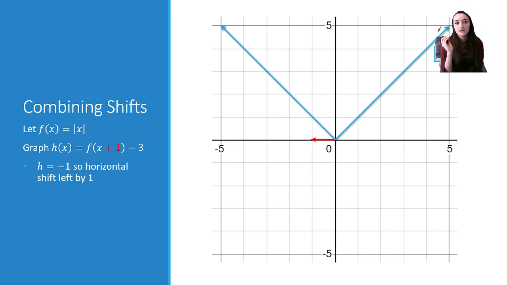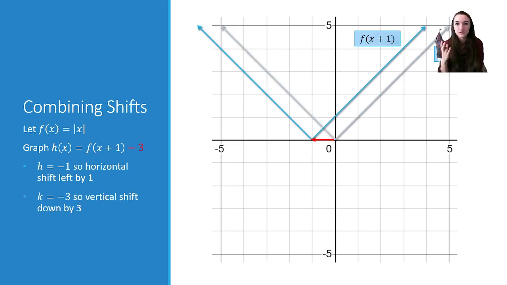Because again, it's x plus 1, but really we have to think of it as x minus h, so h is negative 1. If there's a plus, then we don't go to the positive side, we go towards the negative side, because horizontal stuff just works backwards. So, we shift to the left by 1, so our new function's going to look like this.